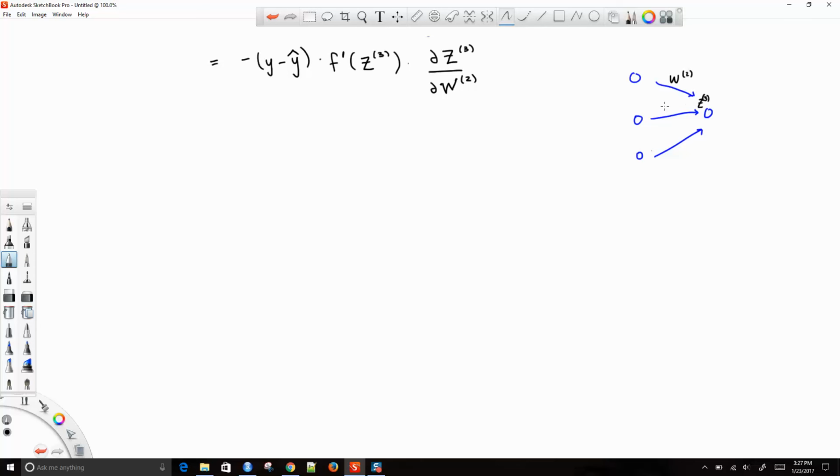Earlier we established that Z3 is what's coming out of our A2s after applying the activations to this hidden layer. So f prime of Z3, and this becomes just our A2 matrix, effectively.